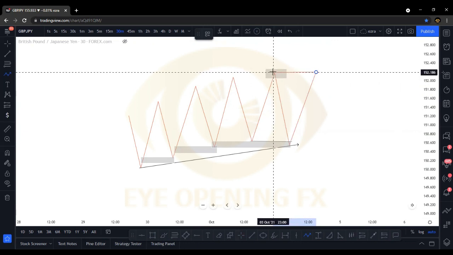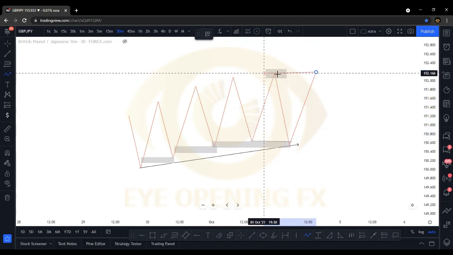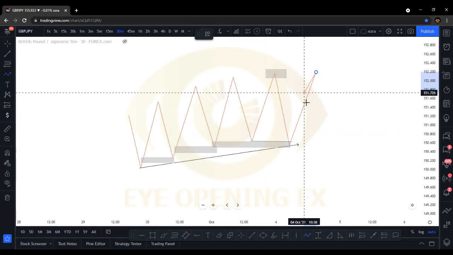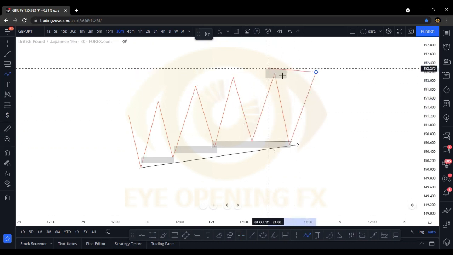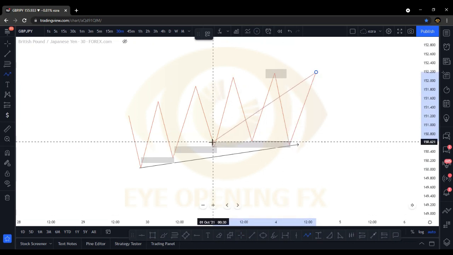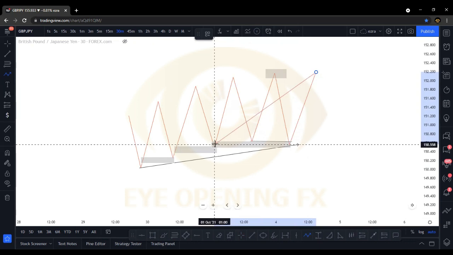People that open big lot sizes, banks and all those advanced traders, as they open their buy and sell positions, as the market approaches this low, they're already closing. Since they are closing, the sellers' power will be decreasing, because their first order was at this low, at this demand zone.